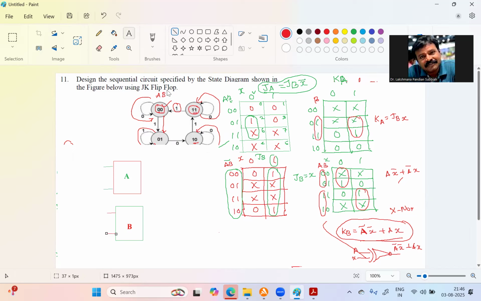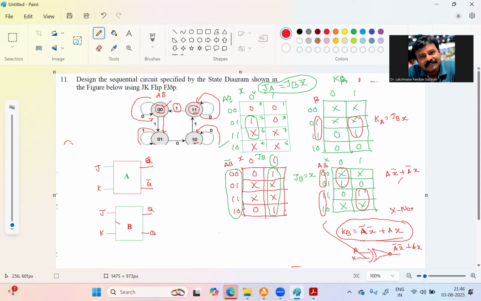Right. So now we are having J of A. This is K of A. This is J of B. This is K of B. This is the input. Then we are having Q. Q is A output. This is Q bar. This also Q. This is Q bar.